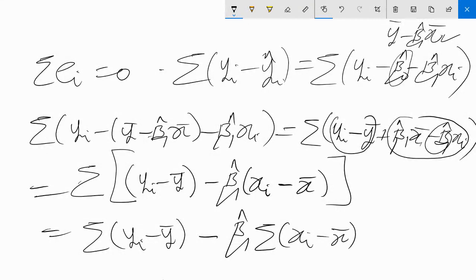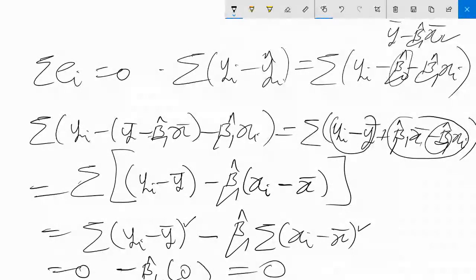On our first day, we showed that this is equal to 0, and this one is also equal to 0. So we have 0 minus beta 1 hat multiplied by 0, and that gives us 0. Is it clear? Yeah, it's clear, sir. Thank you. Thank you very much.